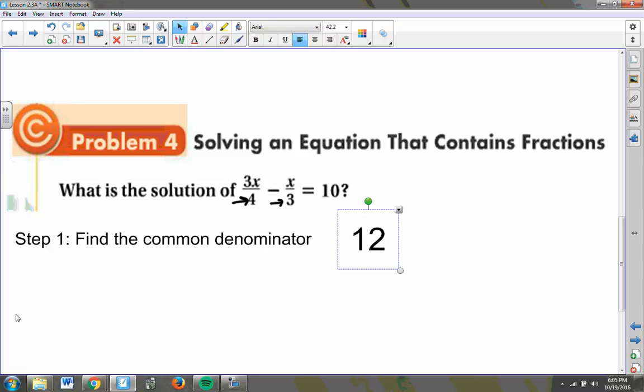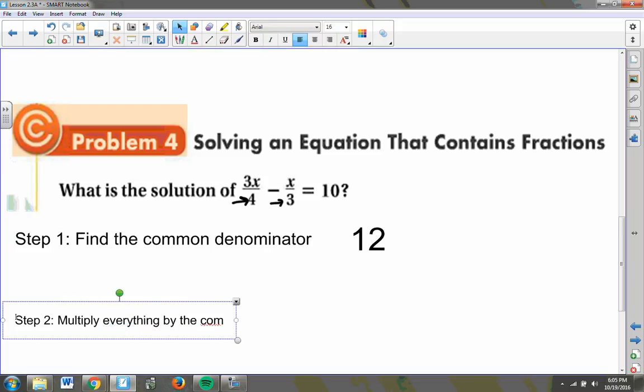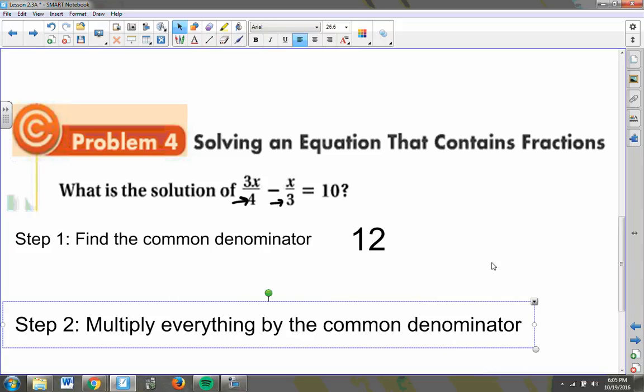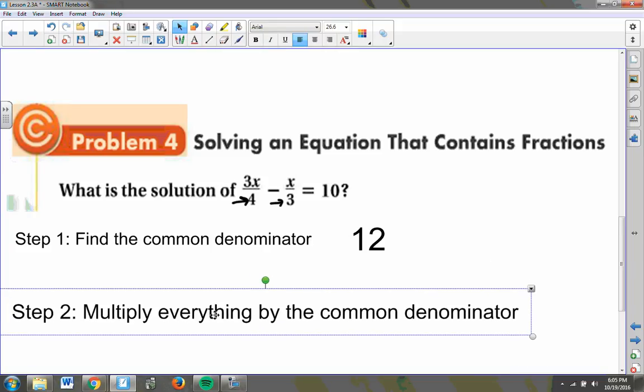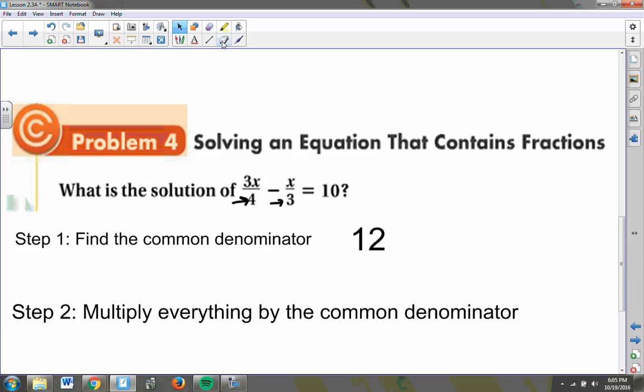Once I find that common denominator, step 2 is to multiply everything by that common denominator. And I mean everything. Everything in my original equation gets multiplied by this common denominator of 12.